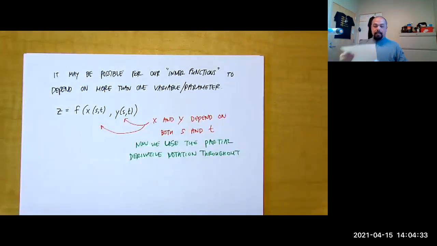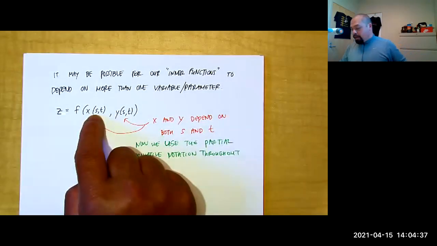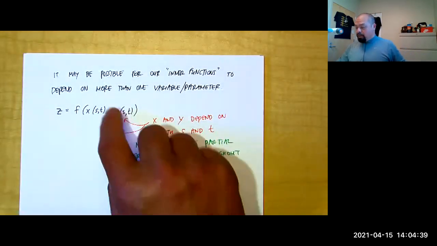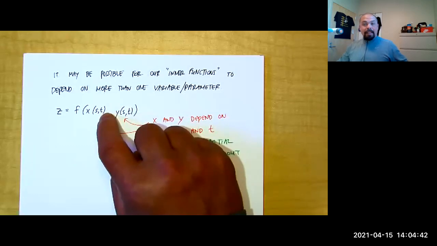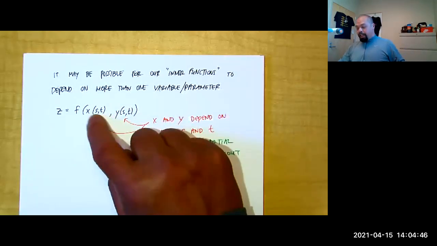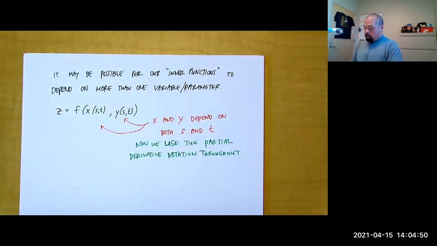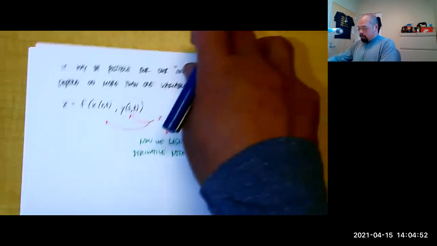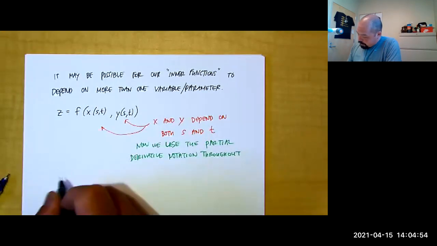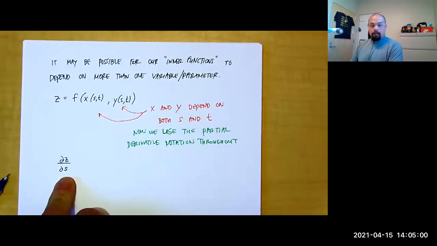Now, because x can depend on s and t, even though I'm looking at the derivative with respect to s, that quantity t is still there as a possible way of altering, changing what this value for x can become. So then when I start to look at our derivatives, when I take now the partial of z with respect to s, right?